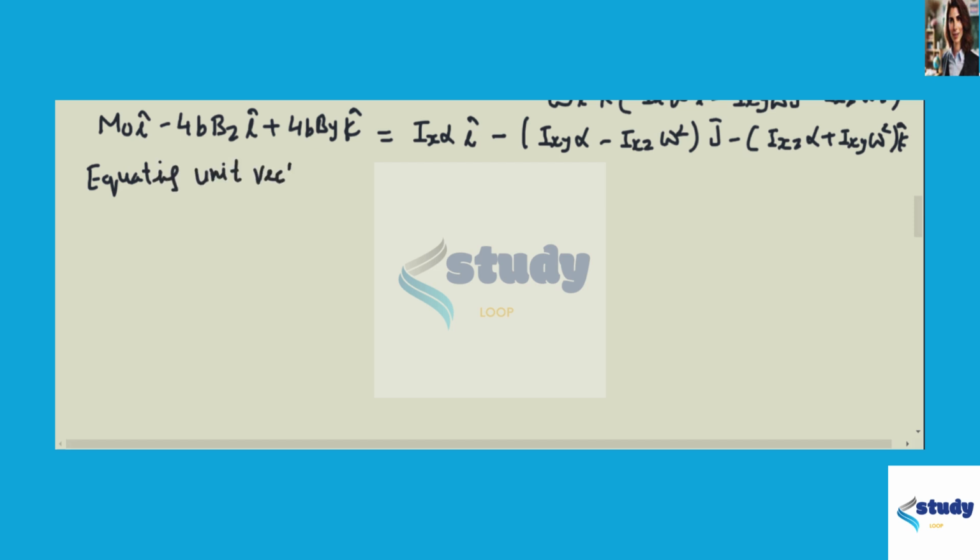Now equating the components of unit vectors I cap, J cap, K cap. First, for I cap, you may write MO to be Ix alpha.